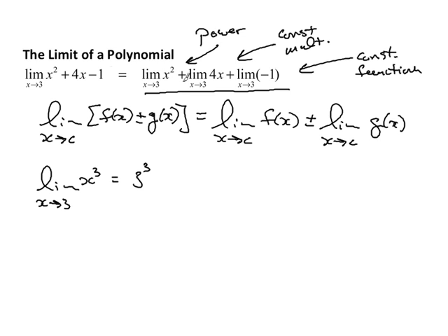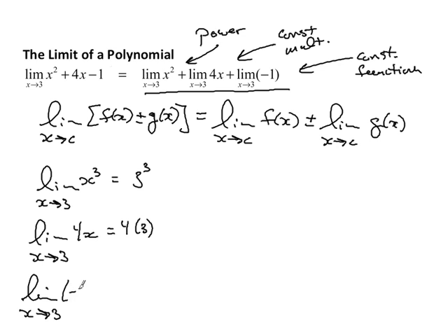And then I'm going to add to it the limit as x approaches 3 of 4x, which is 4 times 3. And then I'm going to add to that the limit as x approaches 3 of negative 1, which is negative 1.